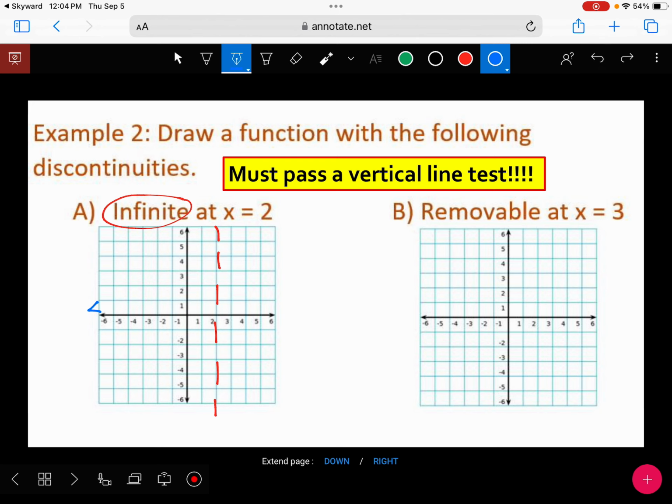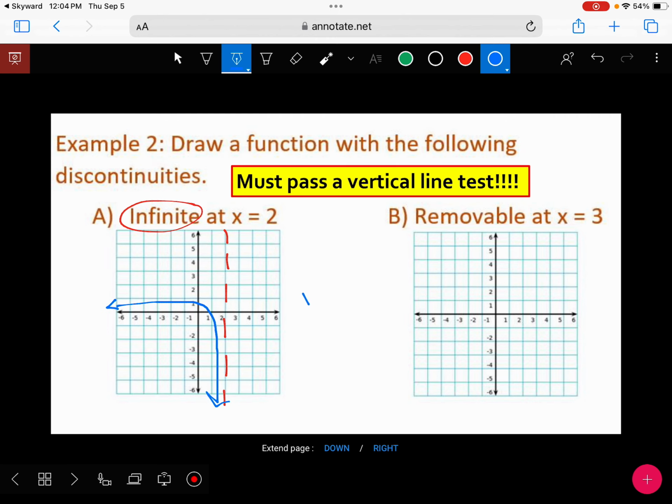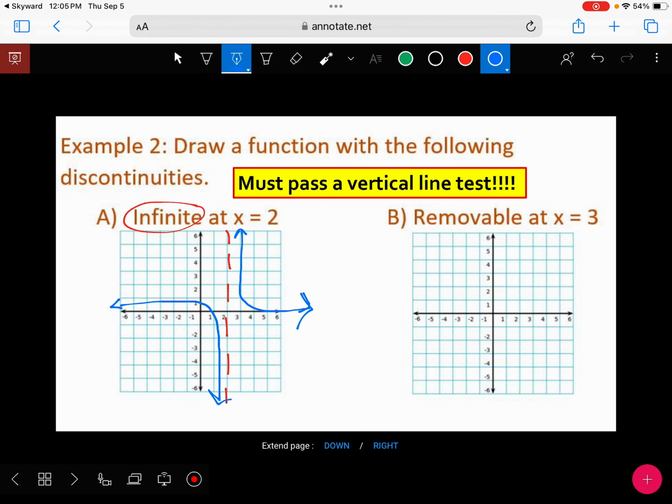Or you can draw a graph that goes down at the wall on both sides. Or you can draw a graph that does opposite. It doesn't matter which one you do. This would be an example. This would be perfectly acceptable on the test because it's an infinite discontinuity.